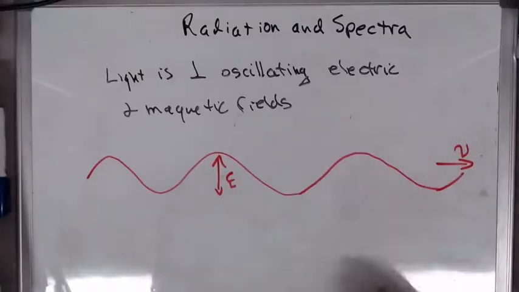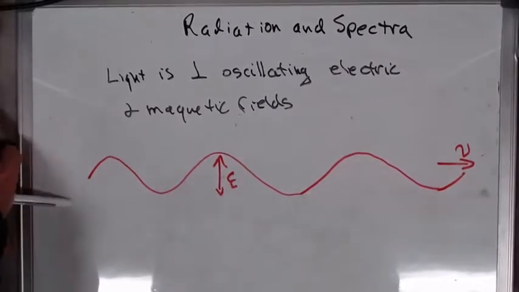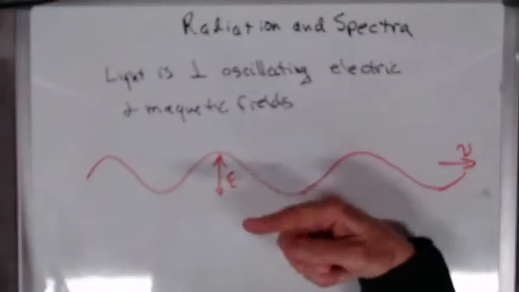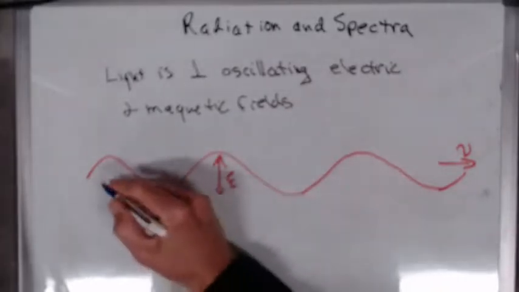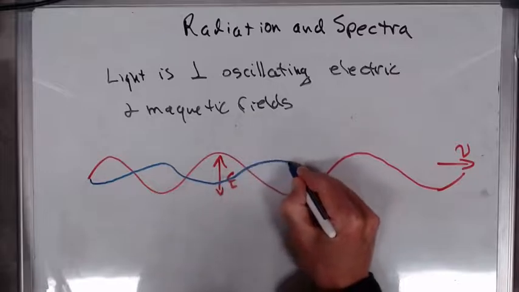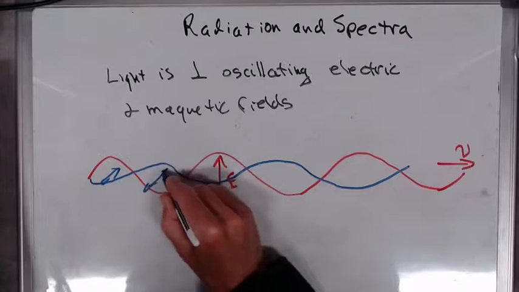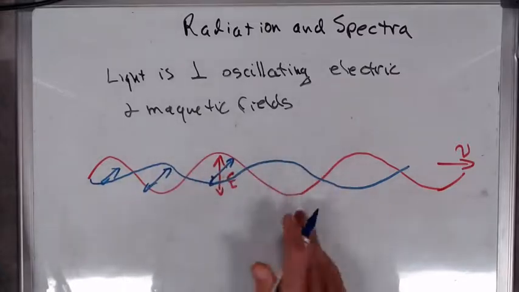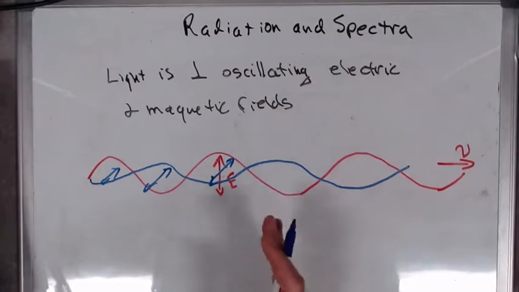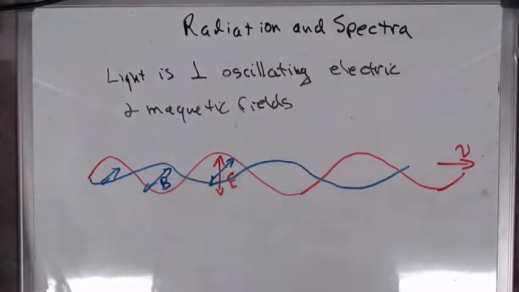This is the electric field oscillating up and down as the wave is traveling this way. That's the velocity of the wave, right? And then I'll try to draw the magnetic field. If the electric field is oscillating this way, the magnetic field will be oscillating into and out of the board. I don't know how you draw that, like this maybe. Does that make sense? So the magnetic field is oscillating this way, while the electric field is oscillating up and down. And we usually use B for the magnetic field. Don't ask me why.